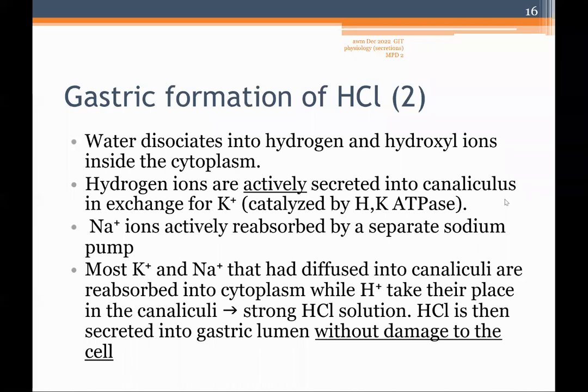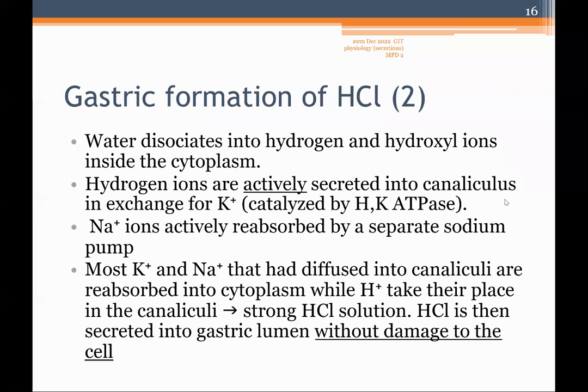The sodium ions will then be actively reabsorbed by a separate sodium pump, so that most of the sodium and the potassium will have diffused into the canaliculi and then be reabsorbed into the cytoplasm, while the hydrogen takes their place.